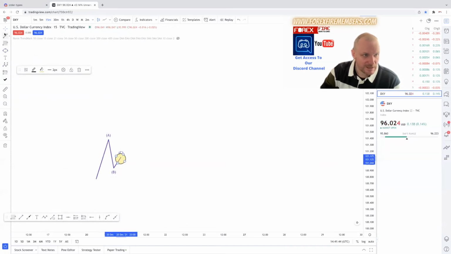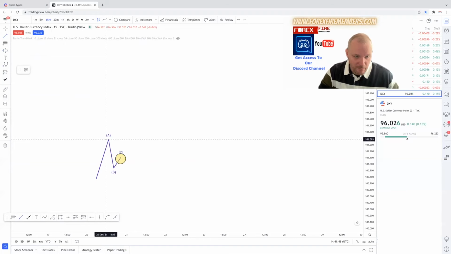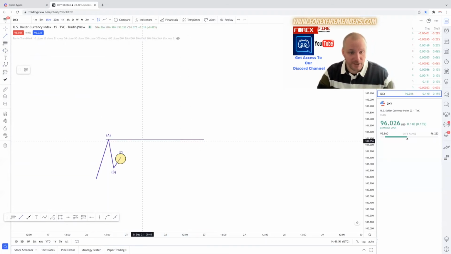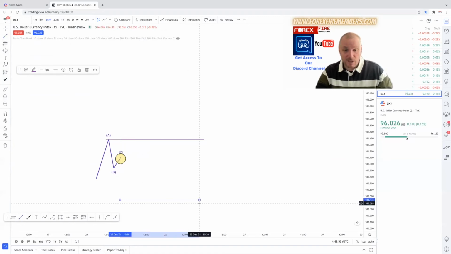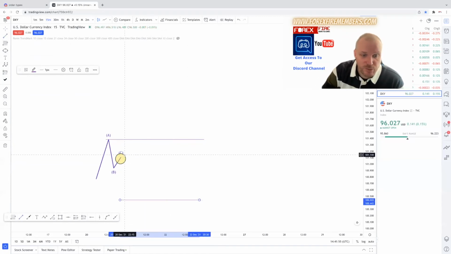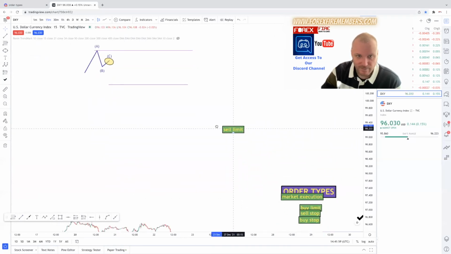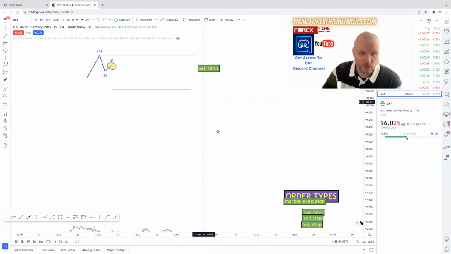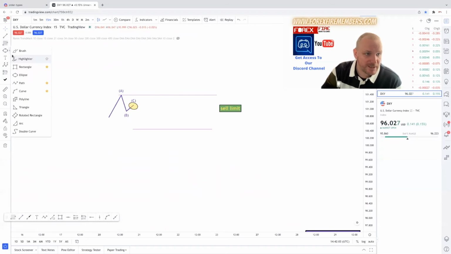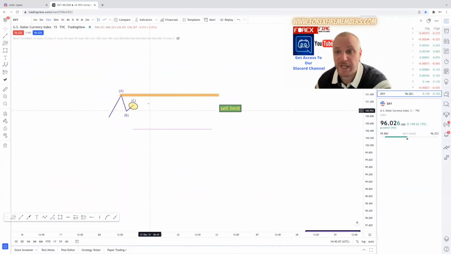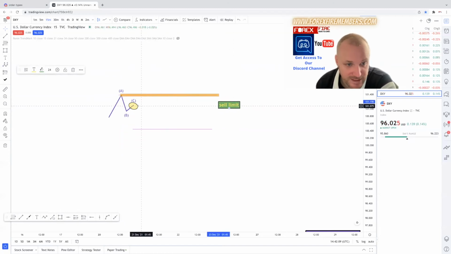Let's say we are anticipating a move to that level there, but we are targeting profits down here. This would become a sell limit order. We are anticipating price to come to this level.